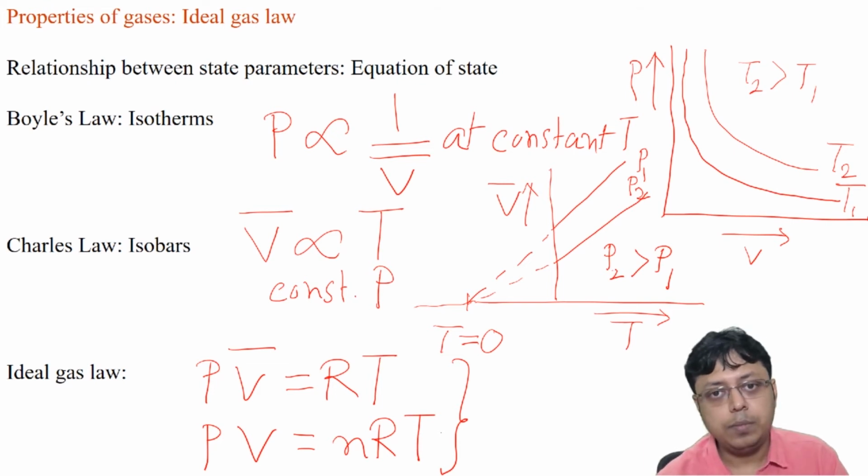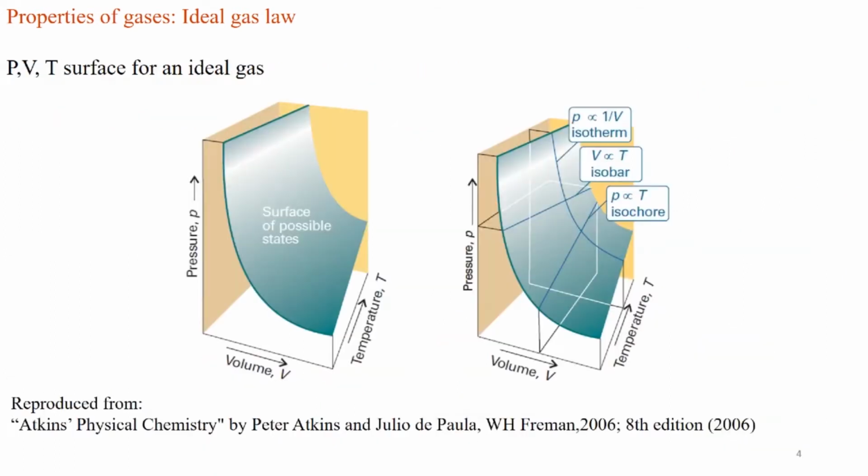But can we plot the equation of state, which is PV equal to RT, by varying pressure, temperature and volume simultaneously? What is shown here is a surface for an ideal gas, which is known as the pressure, volume, temperature surface.